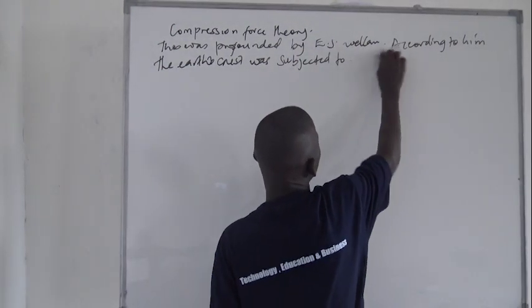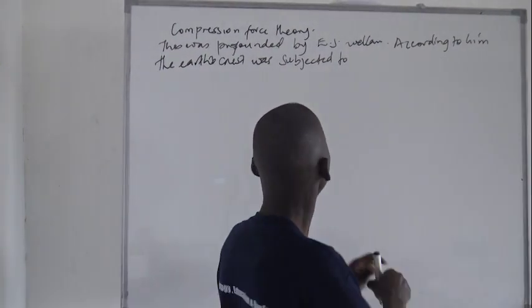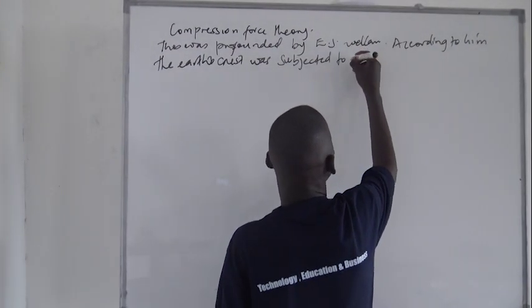E.J. Whelan uses compression to explain the Rift Valley formation and Rift Valley lakes.